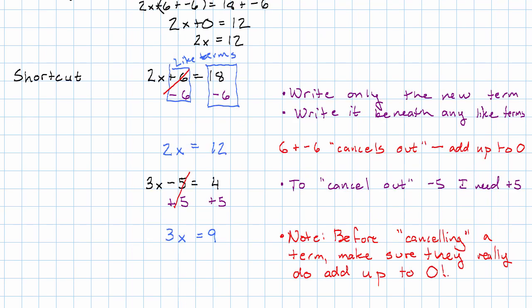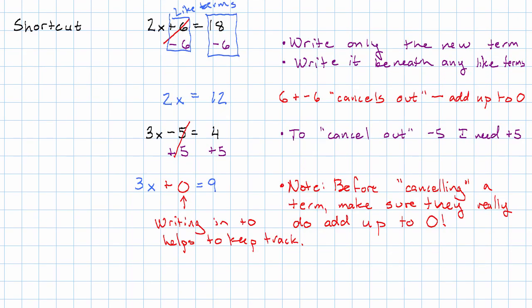Before canceling out a term, it's important that we make sure that we really do have two terms that add up to 0. If we have not had two terms total to 0, we need to not cancel them out. You may find it helpful to actually write in the plus 0 to keep track.